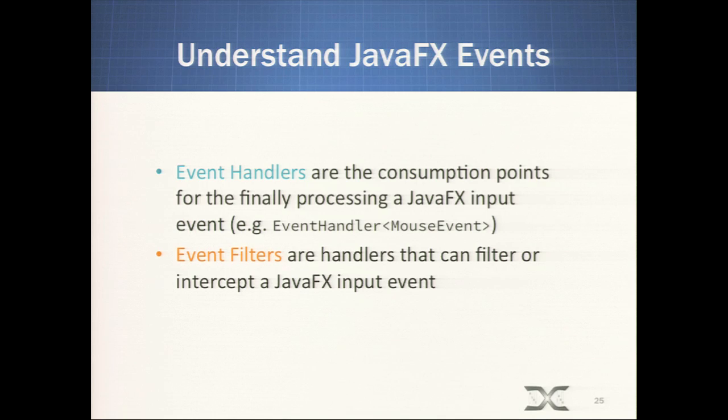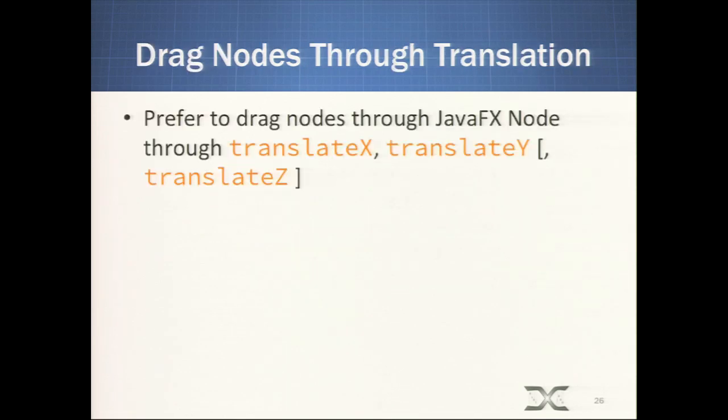That might be useful to prevent events traveling to a node, especially if it's under animation. And if you're dragging nodes around, prefer to move the nodes through translation. Once the translation is done, you can capture the translation coordinates and then put them into layout coordinates.